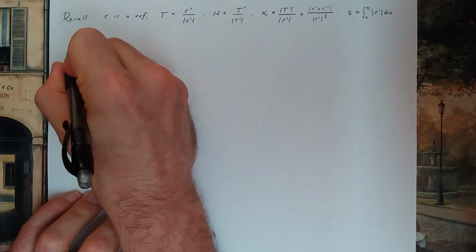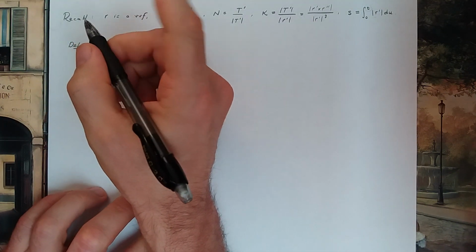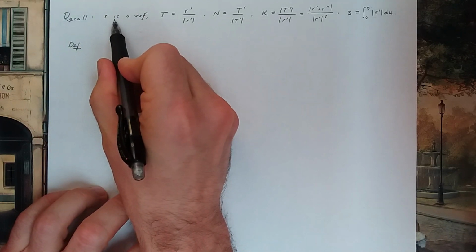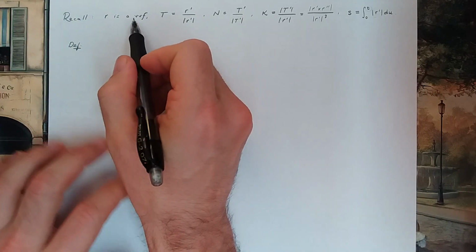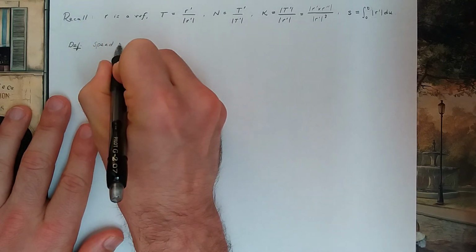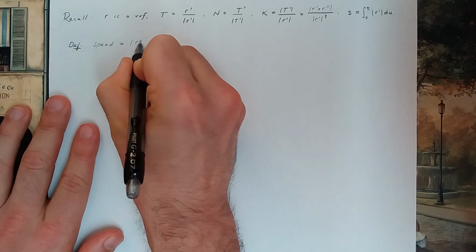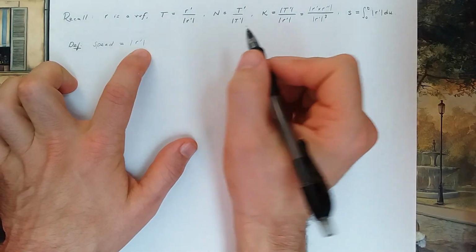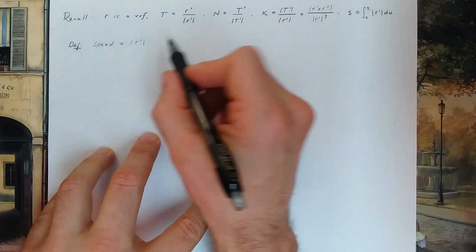In this video, we're going to define 3 words from physics. You've seen them before, but let's write them in context with our vector-valued functions. So the first is speed. Speed is none other than the magnitude of the derivative of your vector-valued function. So that's speed. It's a function of t.